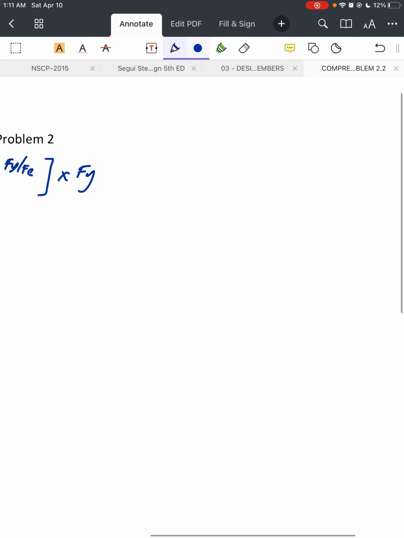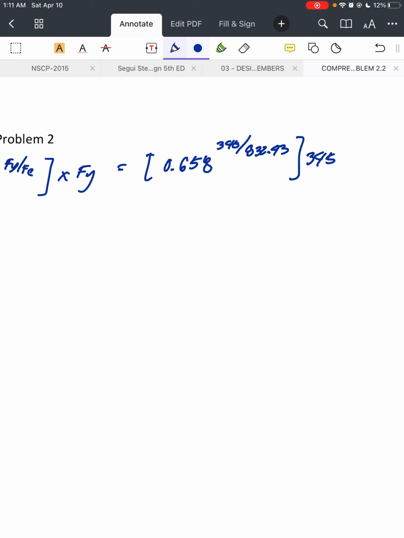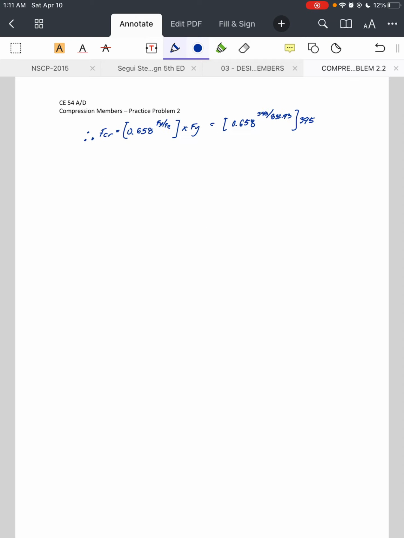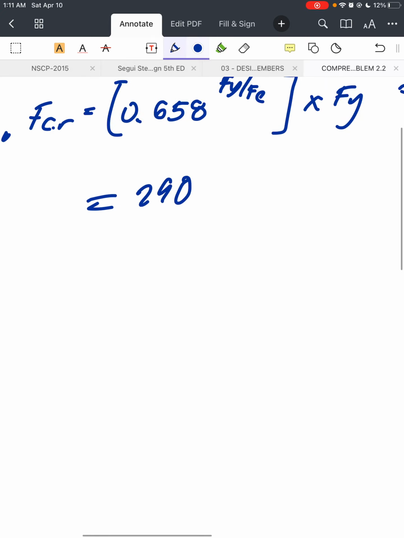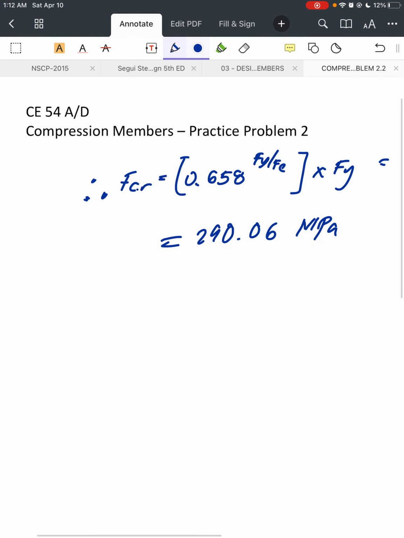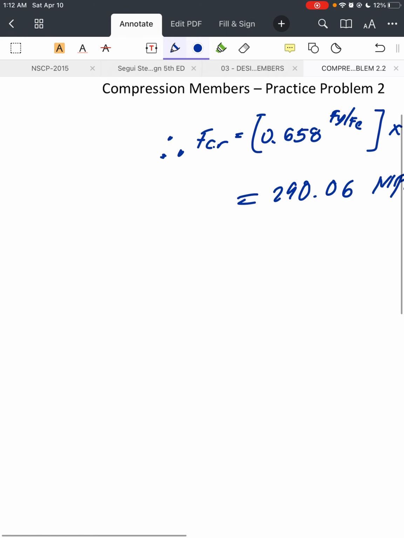Okay, so this is equal to quantity 0.658 raised to 345 over 832.43 times 345. Okay, so this is equal to 290.06 MPa.